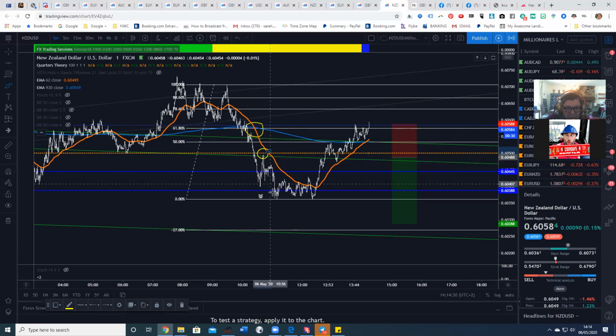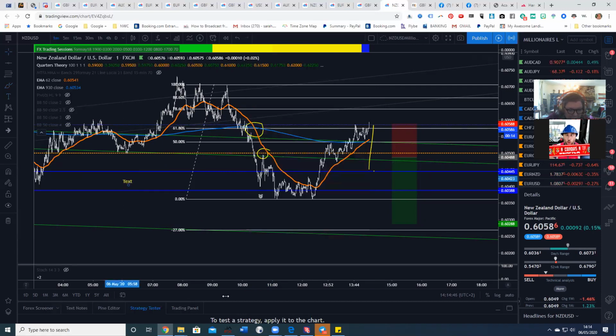So you can see I've marked the 10 pips there because that's where I moved my stop loss, which was up here. Sorry, I can't get that brush mark out.